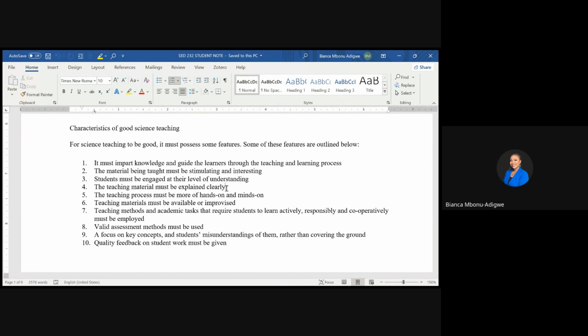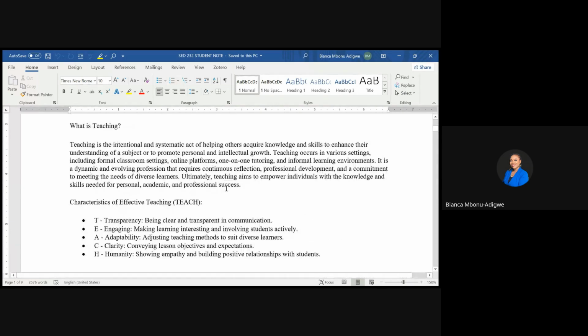I think it is clarity. It should be clear. Let's look at it again. Not clarity, sorry. Transparency, the T. So it has to be clear and transparent in communication. That means you should be able to talk to them in the language that they understand.